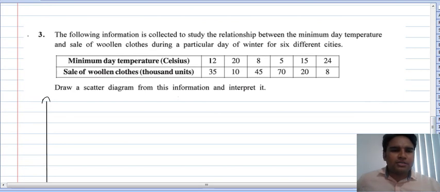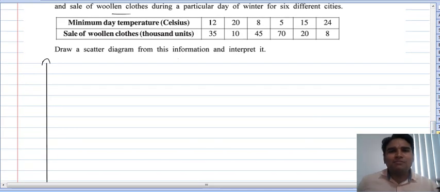The following information is collected to study the relationship between the minimum day temperature and the sale of woolen clothes during a particular day of winter for 6 different cities. Minimum day temperature is given and the sale of woolen clothes is given. Now draw the scatter diagram from this information and interpret. We will use this x variable and y variable data, plot it on the graph, and obtain the diagram.